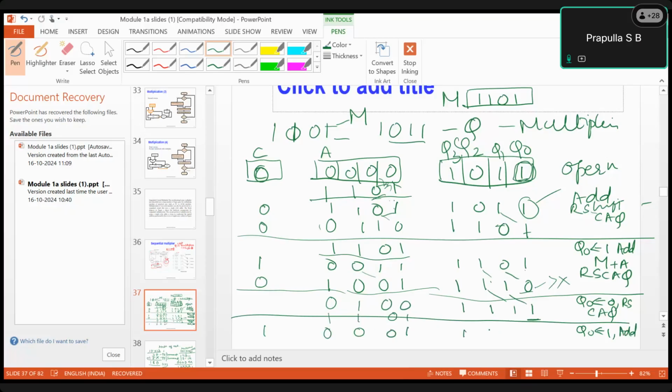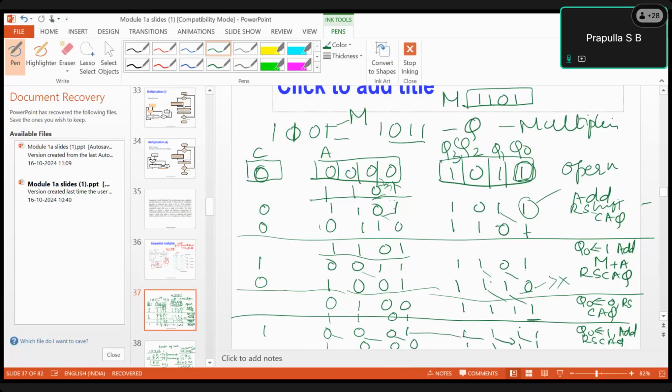Then this bit will be same. Now I have to perform right shift CAQ, and each bit moves one place to the right.